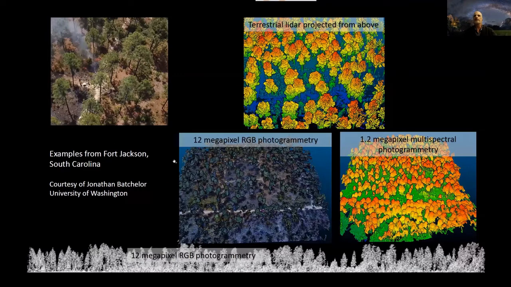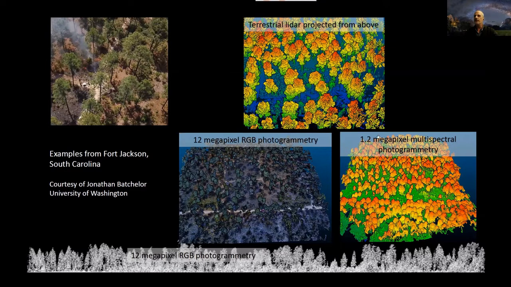Also from Jonathan Batchelor, this is an example of data collected by different methods, different instruments, from a study site at Fort Jackson in Southern California. Here, this is data from a terrestrial LiDAR unit, which would have been on the ground on the tripod, but Jonathan is projecting the information from above, and you can see the detail.